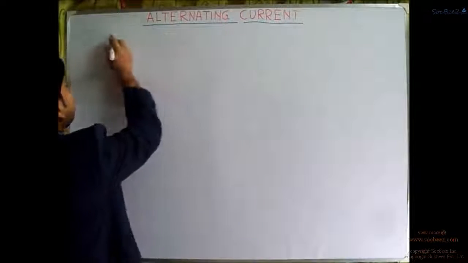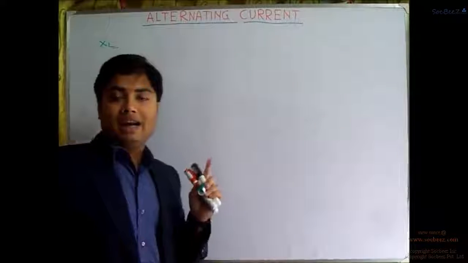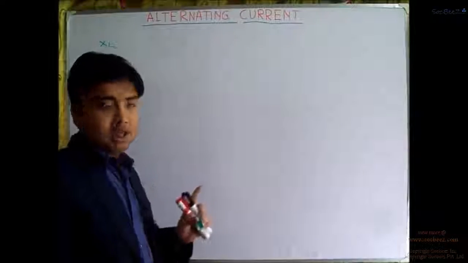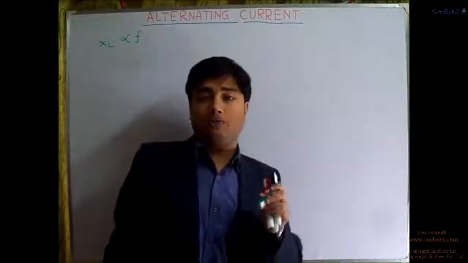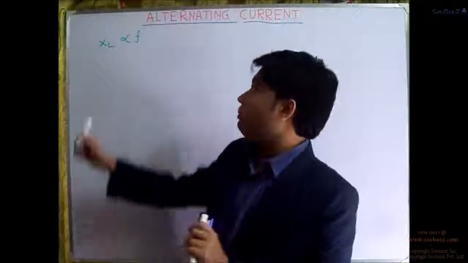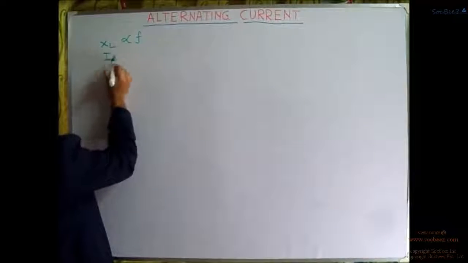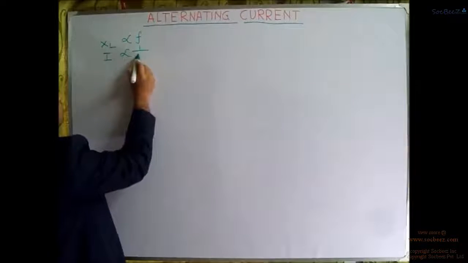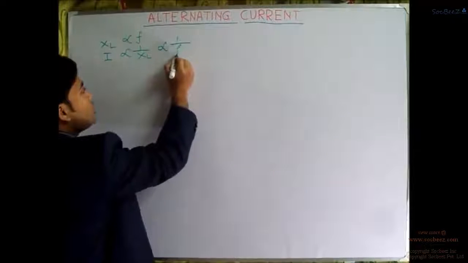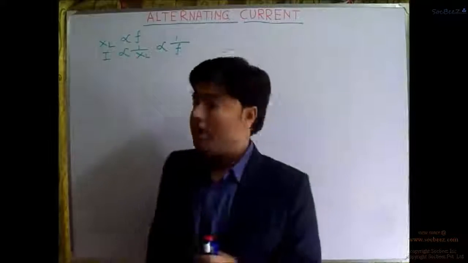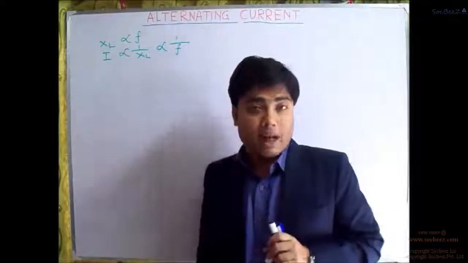So we can say that for an inductive circuit, XL, the inductive reactance of a purely inductive circuit, is directly proportional to F. And as we know, the peak value of the current is inversely proportional to this inductive reactance, which means that I is inversely proportional to XL, which again implies that I will be inversely proportional to the frequency of the AC supply, because here the inductive reactance is directly proportional to the frequency of the AC supply.